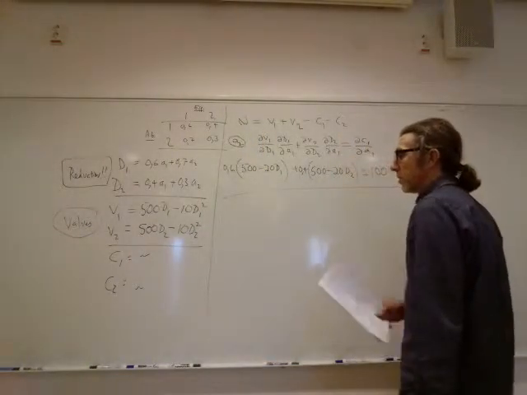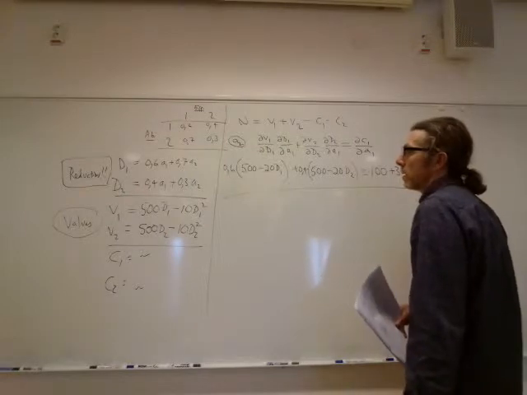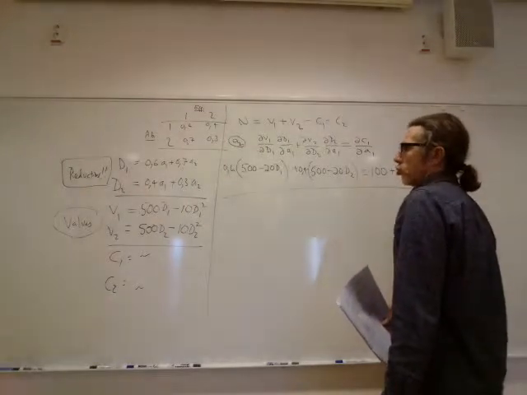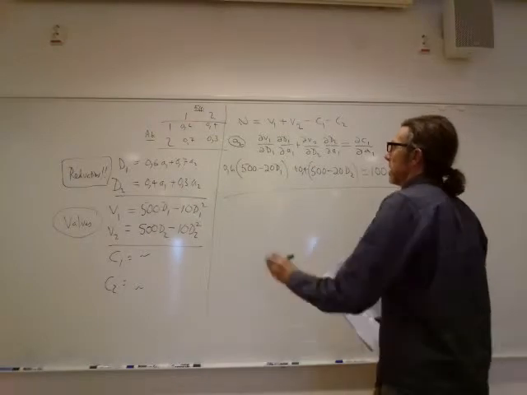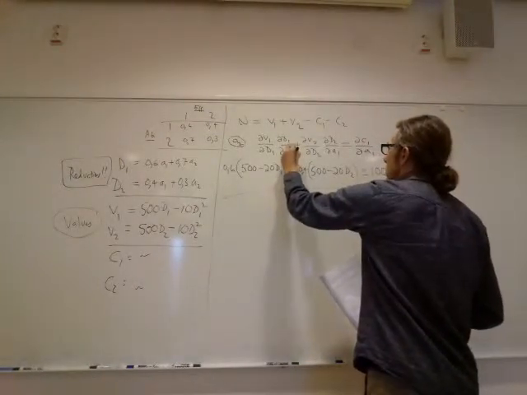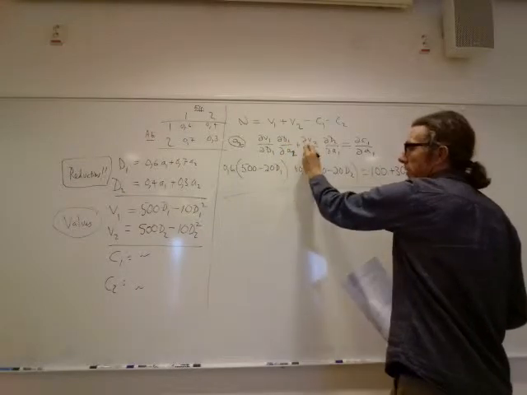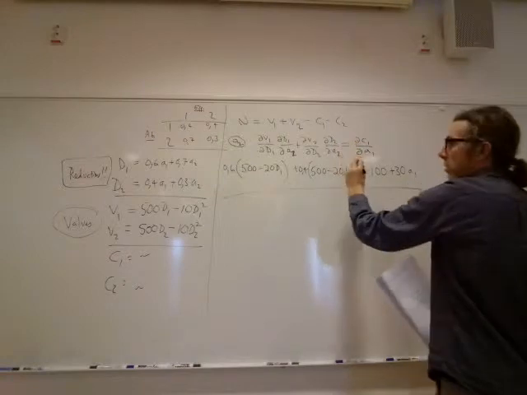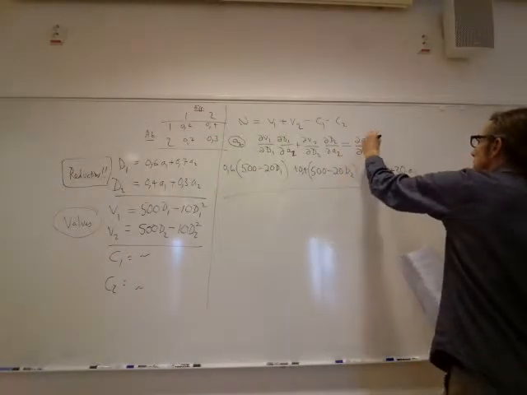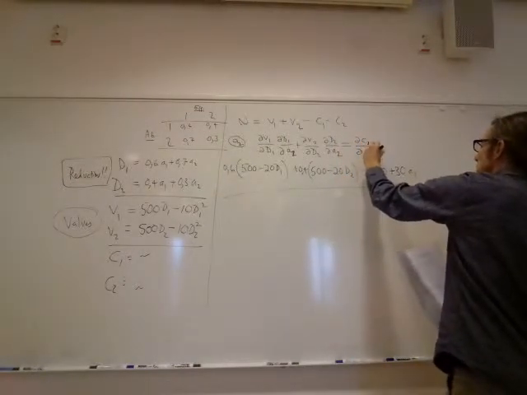For A2, it's dV1 by dD1 dD1 dA2 plus dV2 by dD2 dD2 by dA2 should be equal to dC2 dA2.